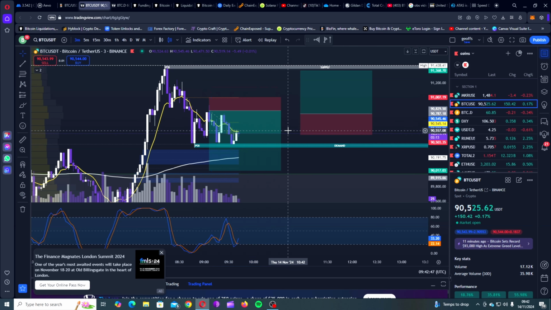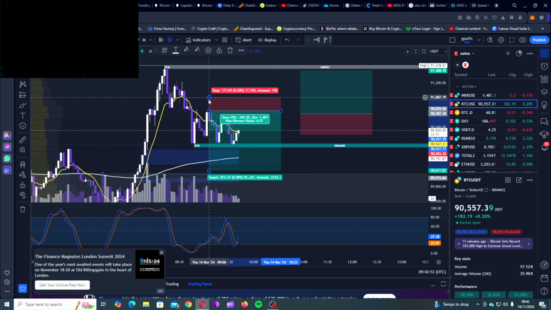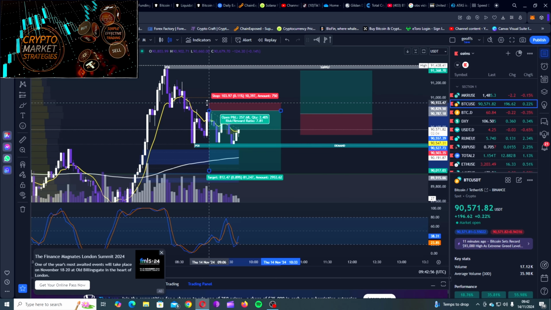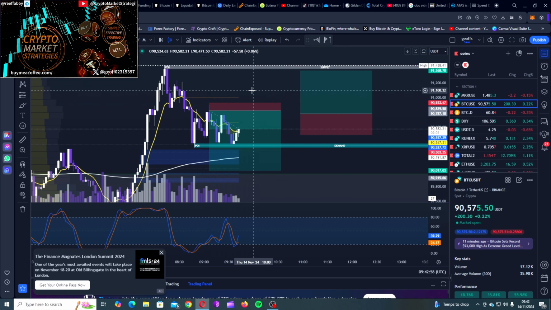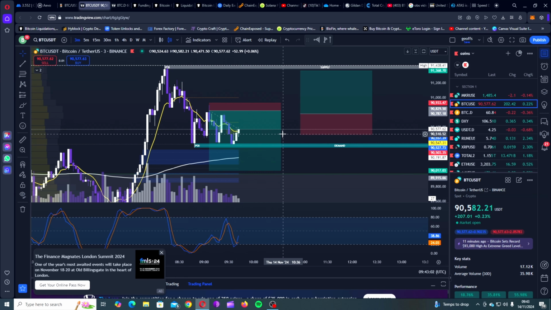So what you're looking at is, at the minute, because we've got another strong bear candle here, I would then move my stop a little bit lower. If you have taken partials here, you're still going to be up. So I'm just watching and waiting.